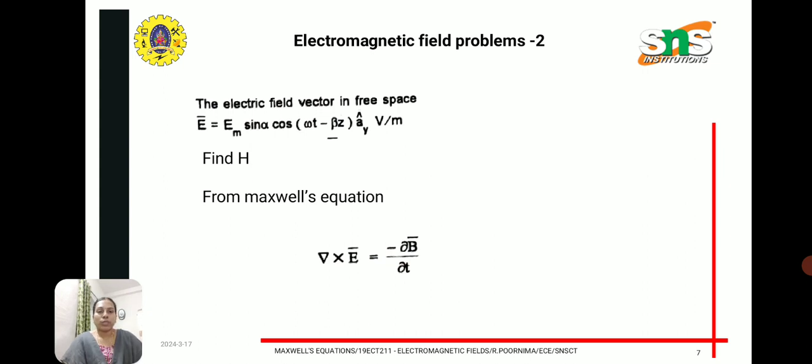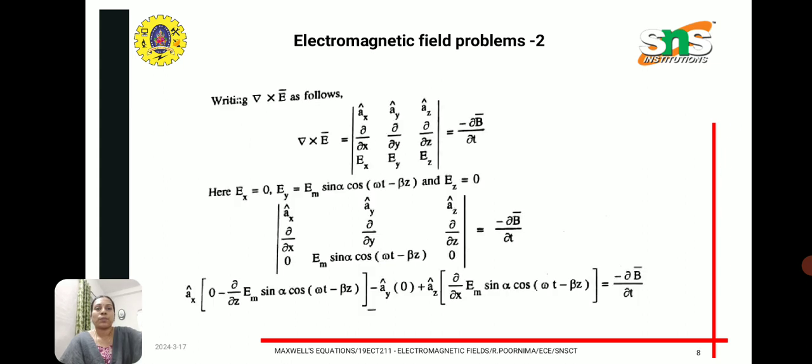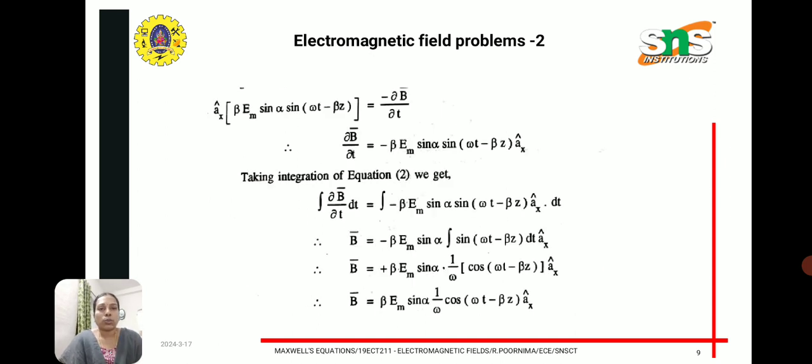We are going to find del cross E, the curl of E vector in matrix form. Let's take Ex is 0, Ey is given, and Ez is 0. From this we find the matrix determinant, which is equivalent to minus dou B by dou t. The answer is minus beta Em sin alpha sin(omega t minus beta z) Ax cap.